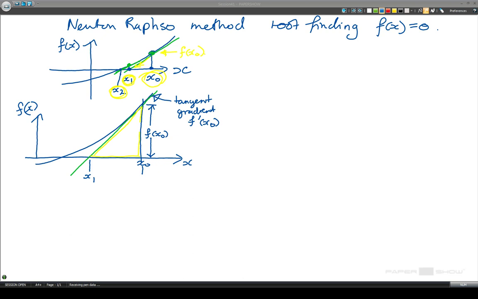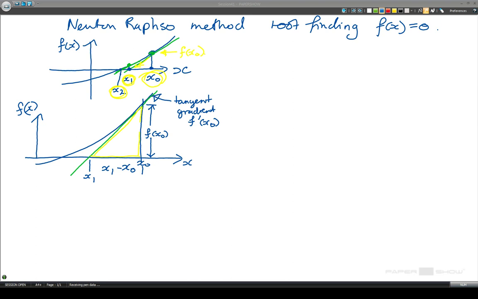So this length here is going to be, well, I am going to write it as x1 minus x naught. And I might come to regret that later. It's going to be a negative number, but we'll just leave it like that for the moment.